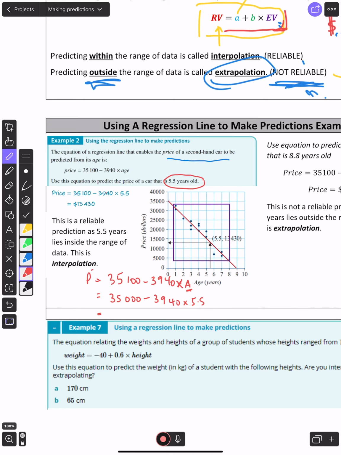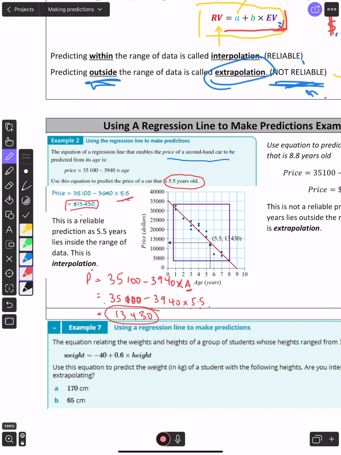So in the main part of your calculator, 35,100 minus 3,940 times 5.5. And that will give you this value here of $13,430 for when the car is 5.5. All right, so after 5.5 years of age, the price of the car is expected to decrease to $13,430.